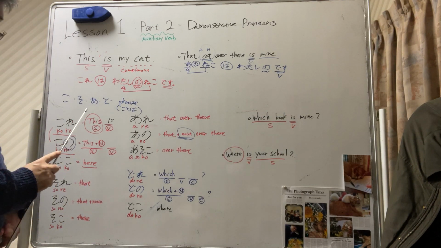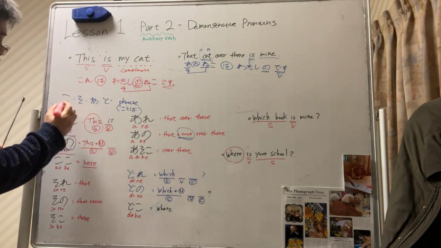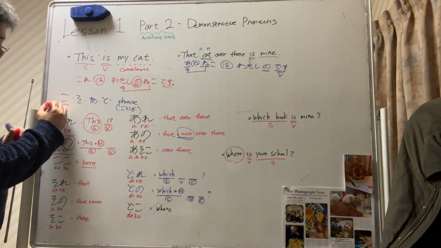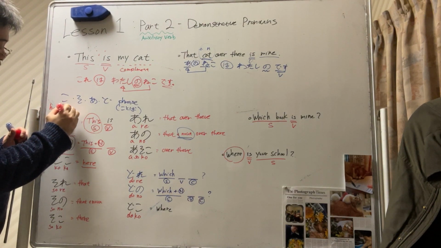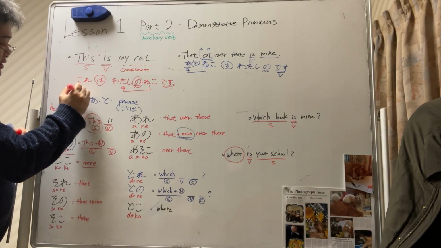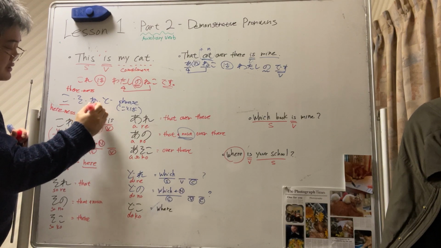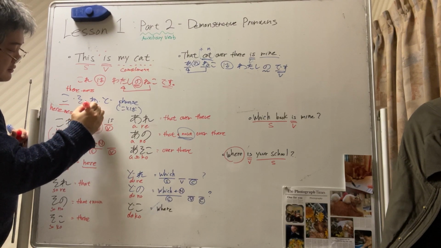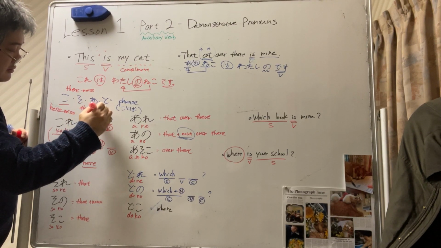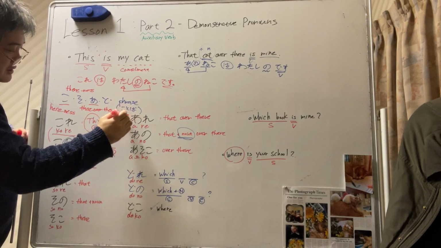And so you now know ko, it means here-ness, and so is there-ness, and is that over there-ness, which is weird, I know.